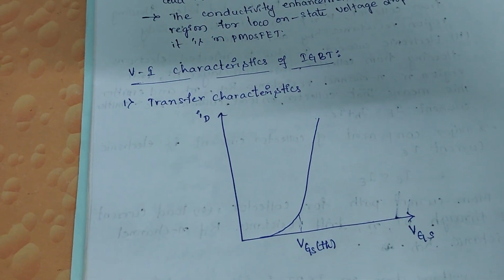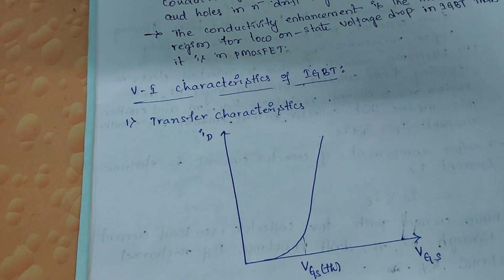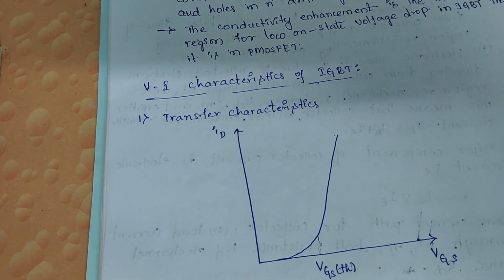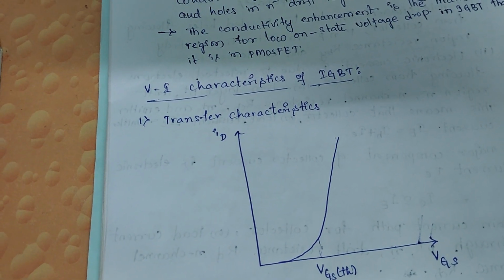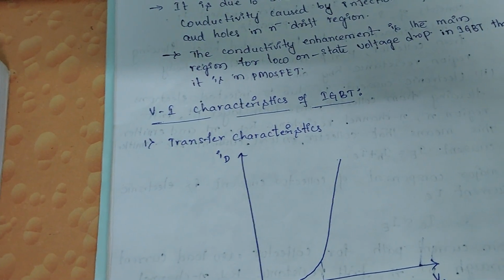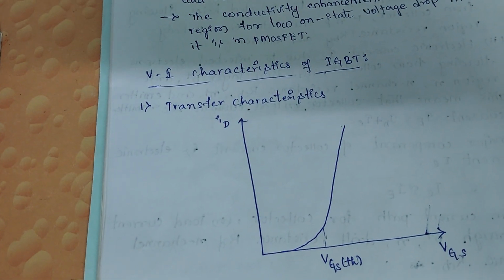If the drain to source voltage is greater than this, the IGBT will break down due to the avalanche breakdown of the drain to body junction. That is what we see with the help of the transfer characteristics.